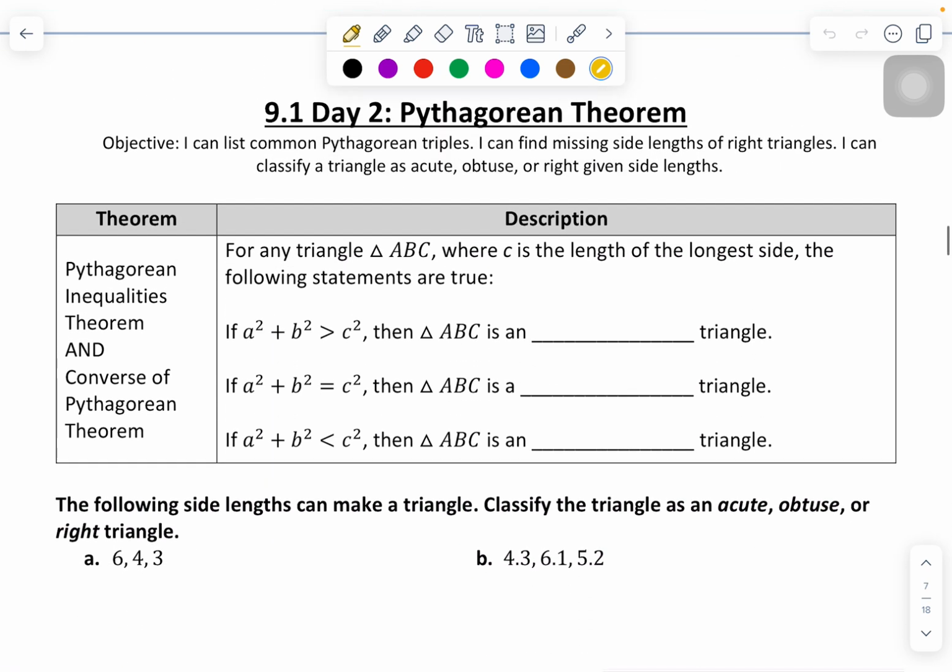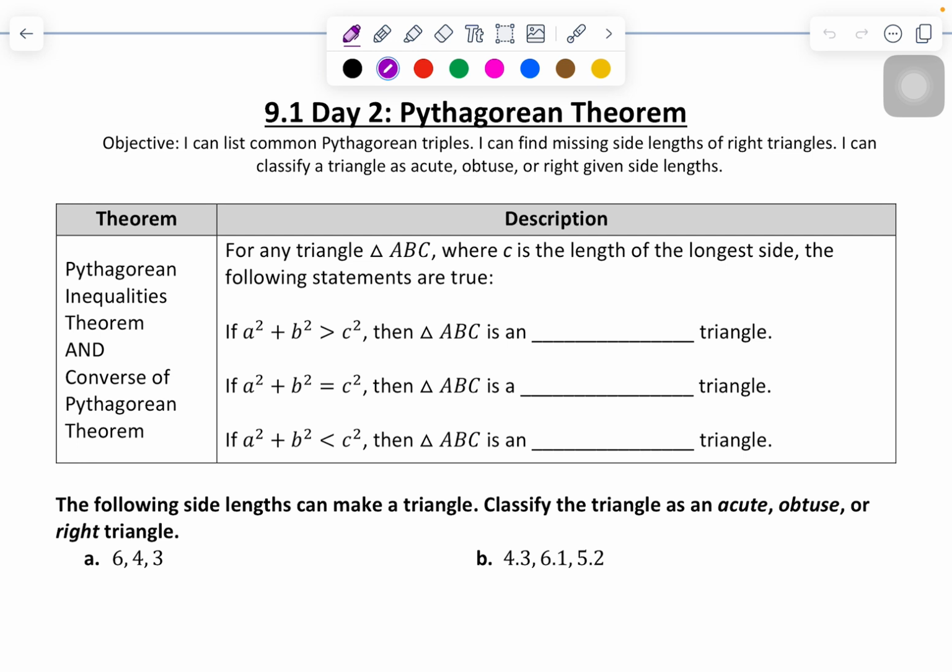The converse allows us to say if a squared plus b squared is equal to c squared, then we can determine that it is a right triangle. But we can not only determine if it's a right triangle, if it's not equal, we can determine if it's an obtuse or an acute triangle.